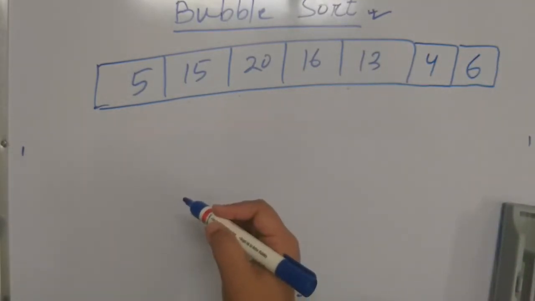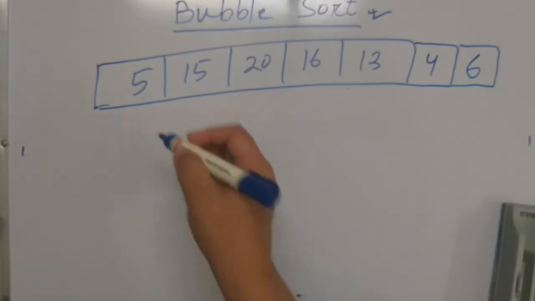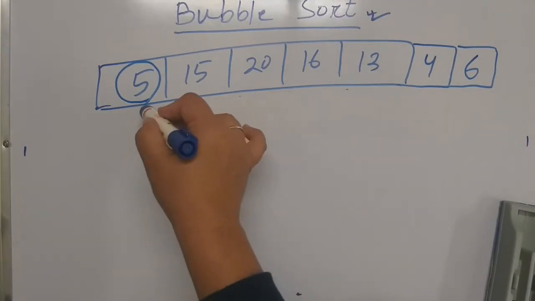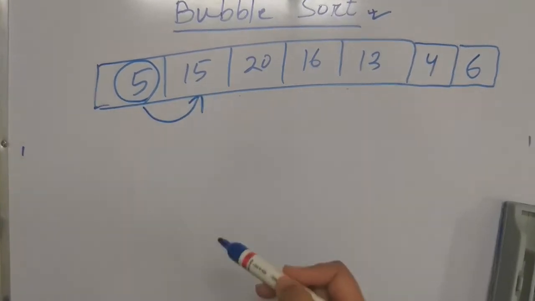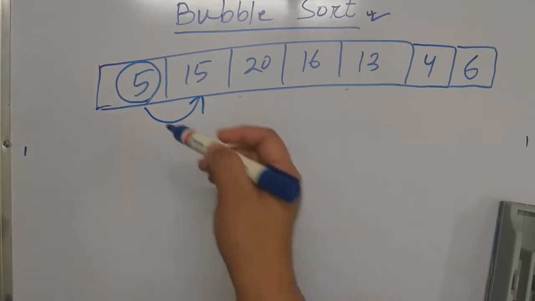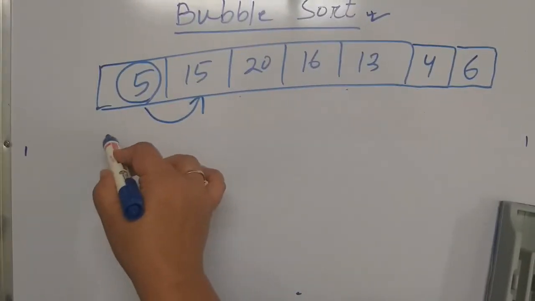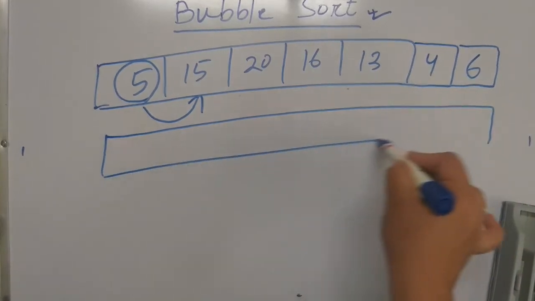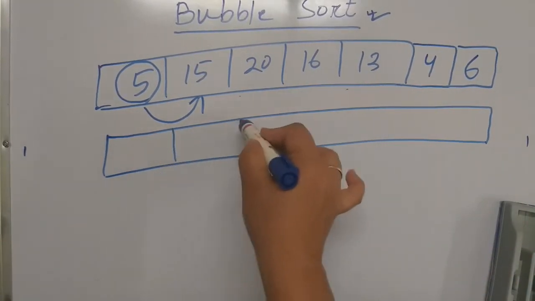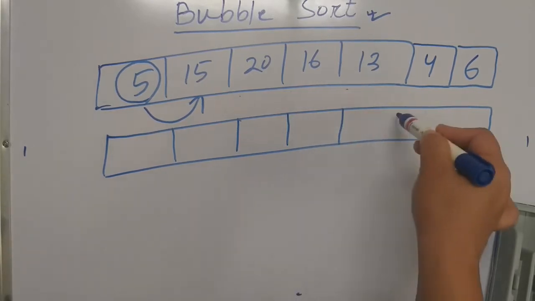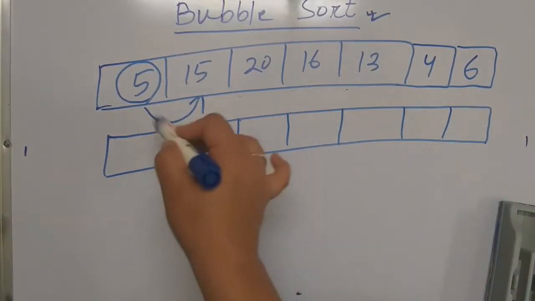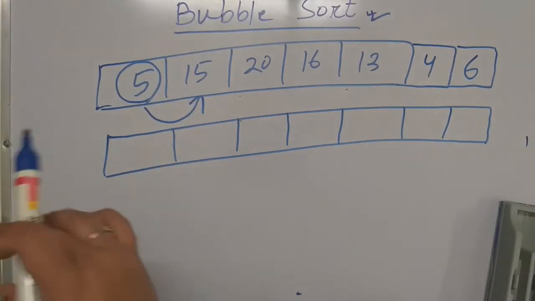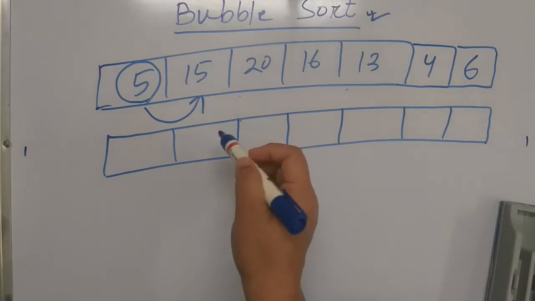First, we take the first element and compare it with the second element. Whenever it is compared, we check whether the second element is smaller than the first element. If so, we interchange the values.